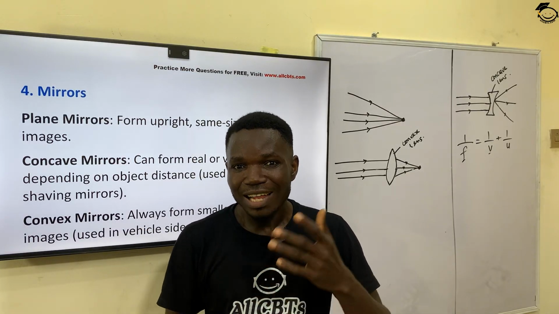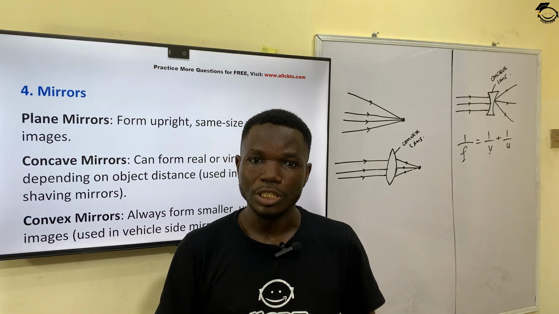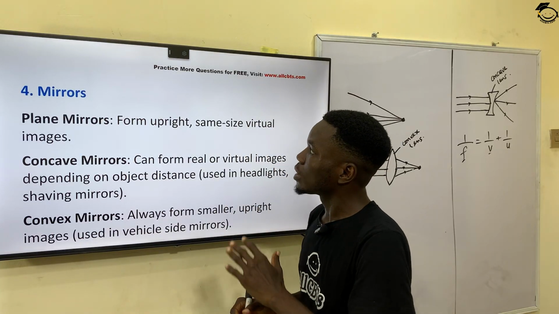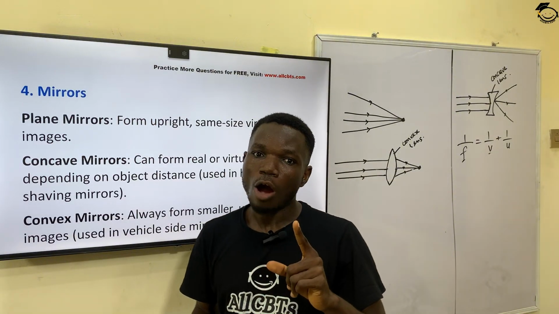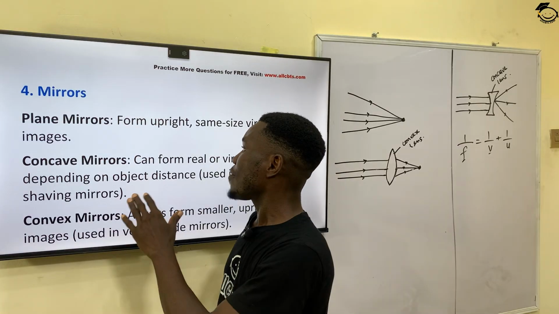Laterally inverted, and that means you're not going to have a real image, your exact image as it ought to be. So a plane mirror forms what? An upright image. It forms a same size image, but the images are always virtual or laterally inverted.